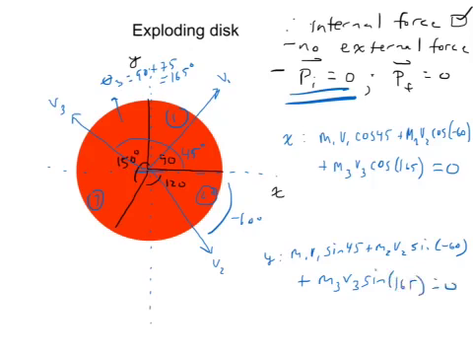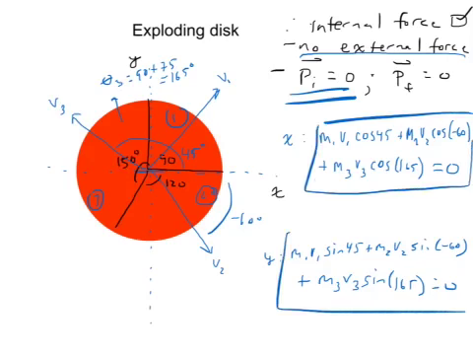So by breaking it down into its x and y components and recognizing that there was no external force, we're able to get some equations that relate their velocities. Now, notice we only have two equations, and there's three variables, the three variables being v1, v2, and v3. So we would need to know at least one of those velocities in order to solve the system of equations. But this is a way for us to kind of start picturing what's going on with regards to momentum.